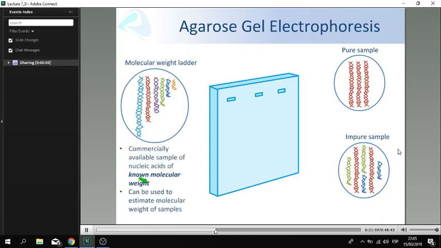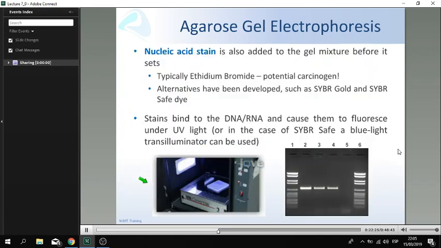Here you would have a commercially available mixture of nucleic acids of known molecular weight, and the weight would be in base pairs rather than kilodaltons. It can be used to estimate the molecular weight of samples. So all of your samples and the molecular weight ladder are added in the little wells of the gel, and then you run the gel, and samples will travel through the gel depending on their size. So you can have a look at them.